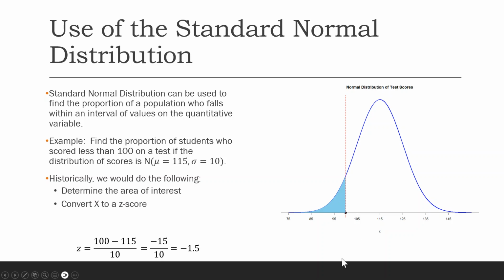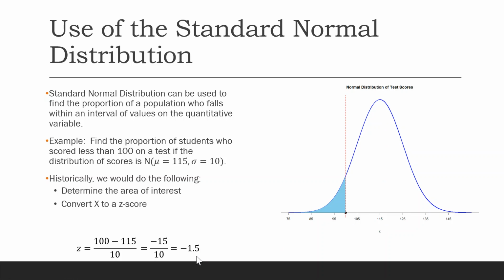Notice z-scores may be positive or negative. They're negative when the value is below the mean. Our mean is 115 and our value 100 is less than that, so we get a negative z-score. If the value was above our mean, we would end up with a positive z-score.